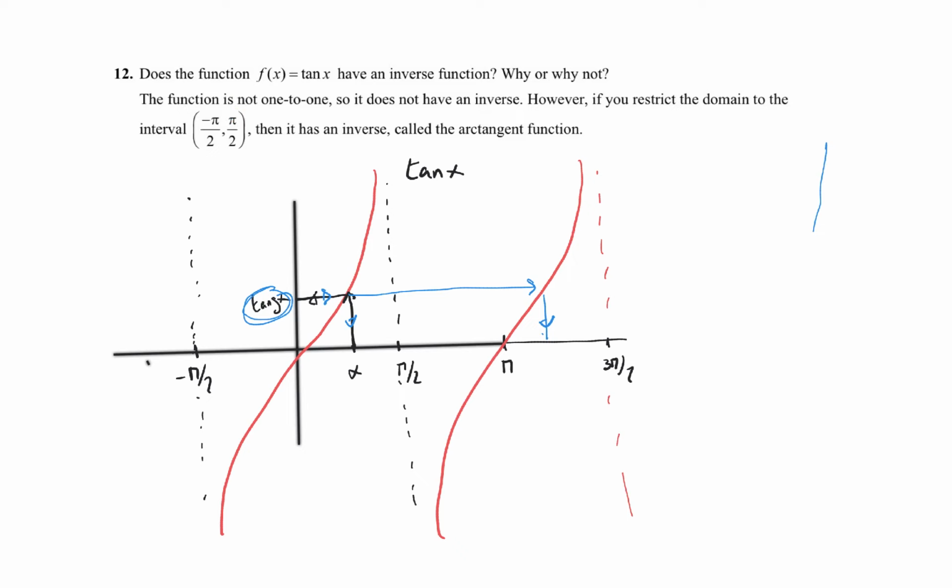So the function is not one-to-one. However, if we restrict the domain to minus pi divided by 2 to pi divided by 2, then it has an inverse. And the inverse is called arctangent. So arctangent is the inverse.